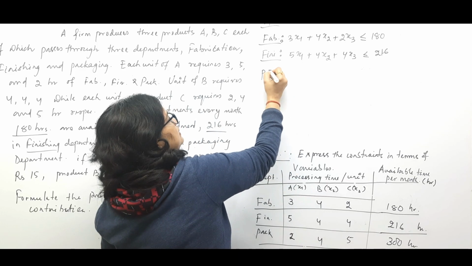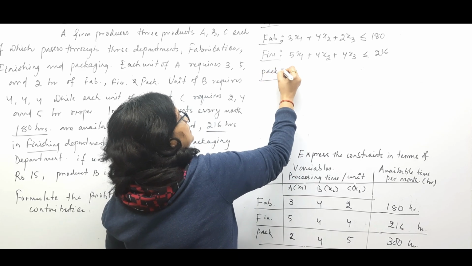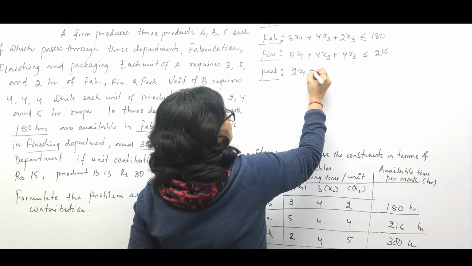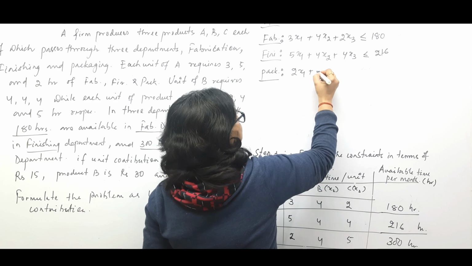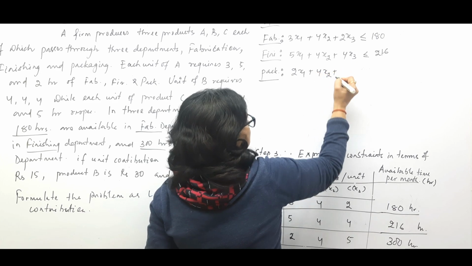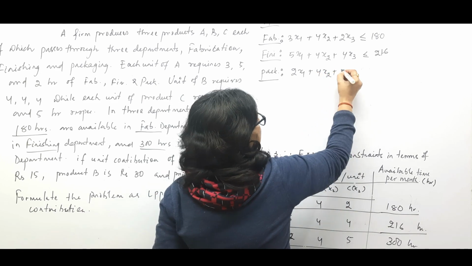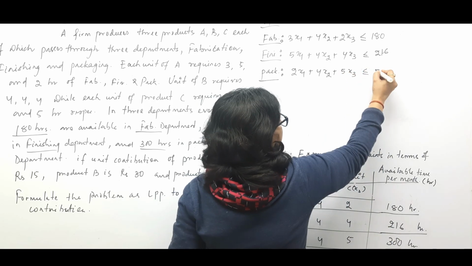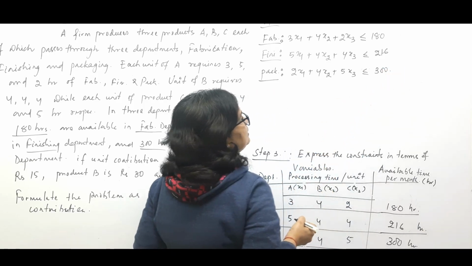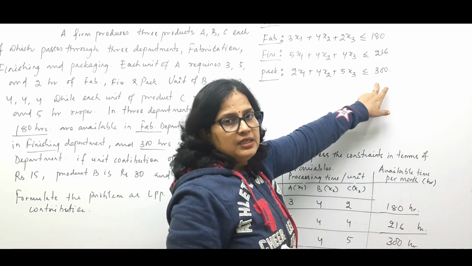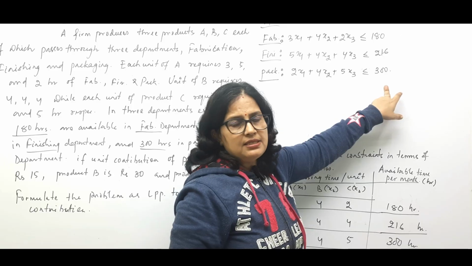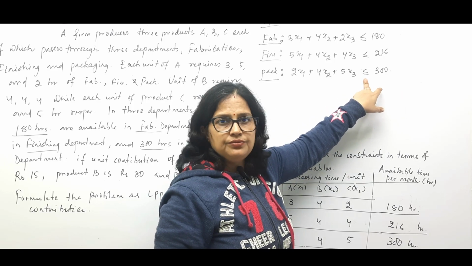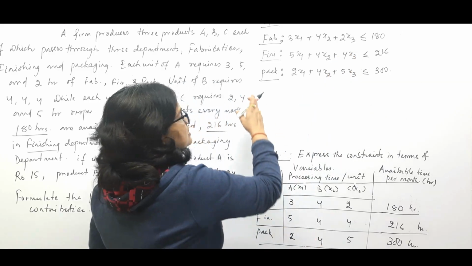For packaging, we need to write 2x1 plus 4x2 plus 5x3 less than or equal to 300, because these are our timelines. We cannot exceed this time, so we have to express it in less than or equal to form. So these are our constraints.